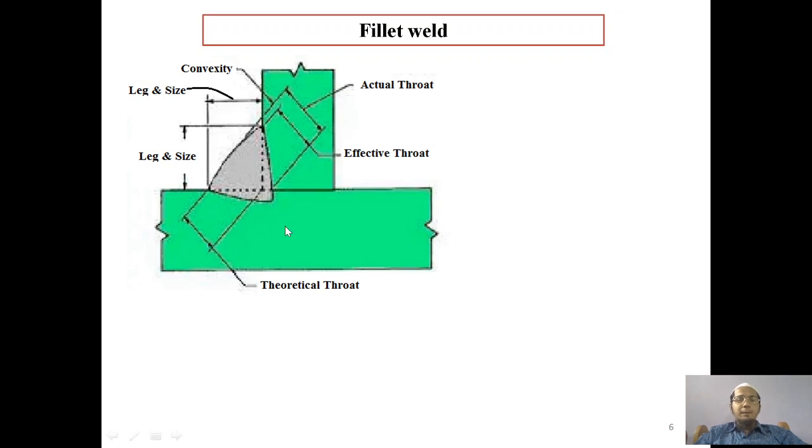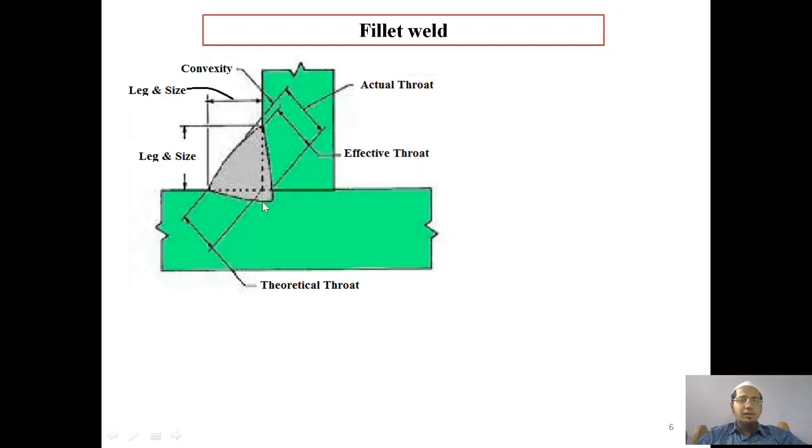Here you can see a picture which shows the detailed terminologies used in the flat weld. Here this is the convexity we have just discussed, and this vertical distance and this horizontal distance is termed as leg or leg size, and the size of the weld is generally taken as the least length of the leg. The length from the surface of the convexity of the flat weld to the root is termed as actual throat, and the distance between the toes to the throat is termed as effective throat thickness or throat thickness.